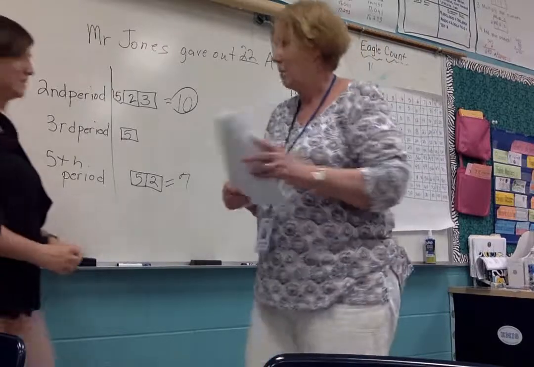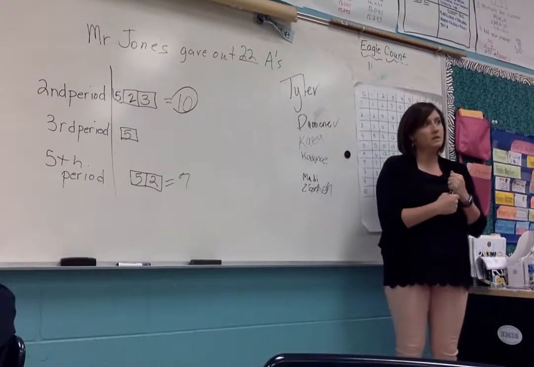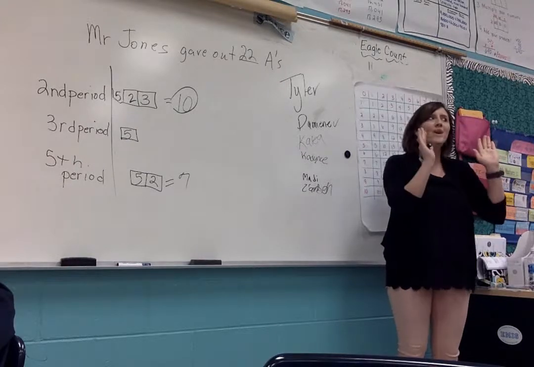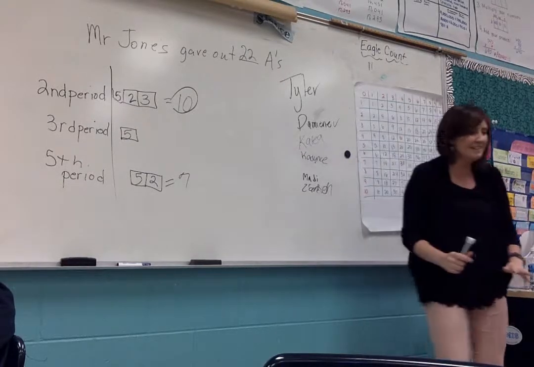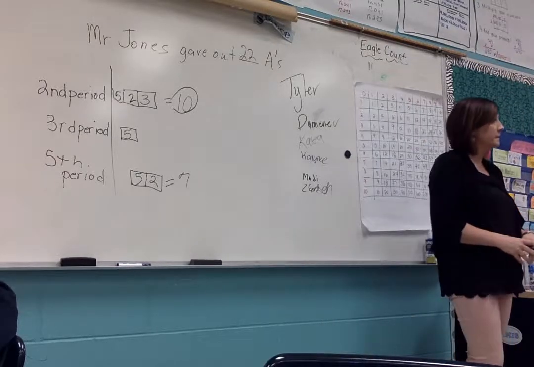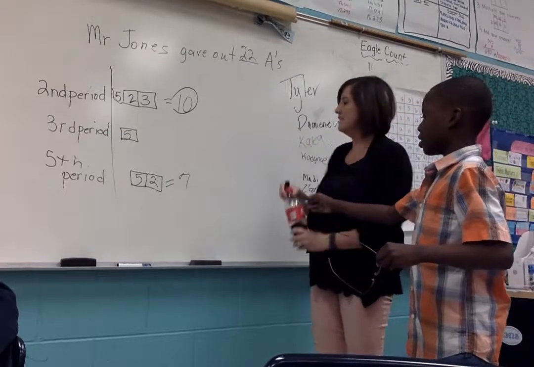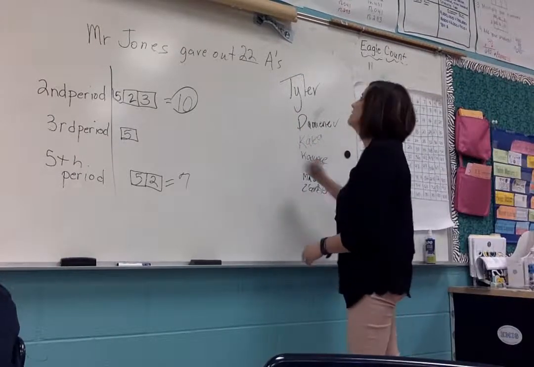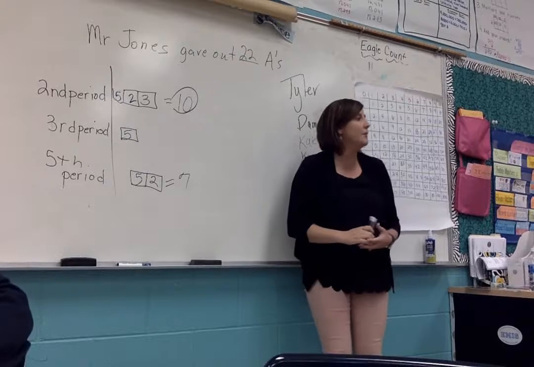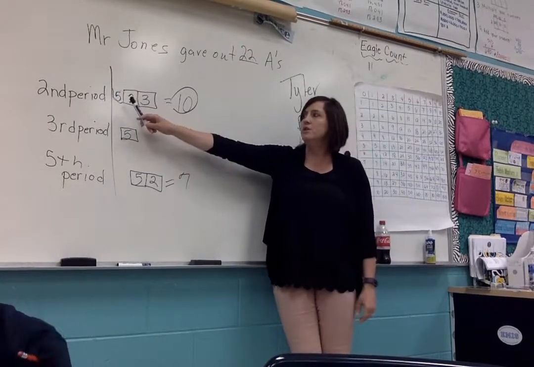And then in 5th period, we knew he gave out 5 A's plus 2 A's, which equals 7. So here are the 3 digits that I have, 10, 5, and 7. And when I want to find how many A's he gave out altogether, I'm going to add those numbers together. So 10 plus 5 is 15, plus 7, and that got us to our 22.